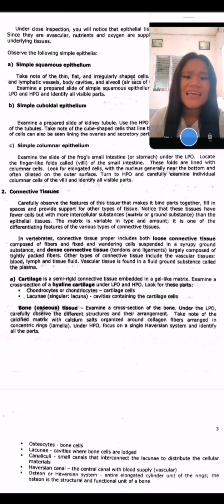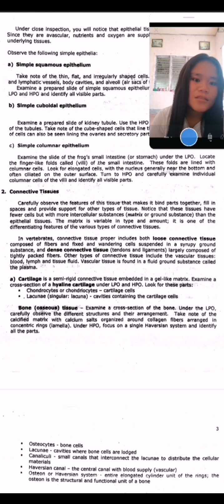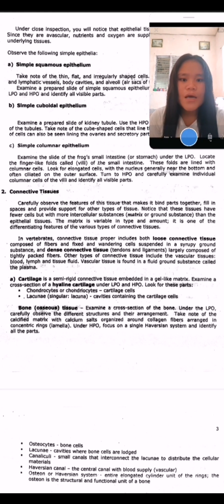In vertebrates, connective tissue proper includes both loose connective tissue, composed of fibers and fixed and wandering cells suspended in a syrupy ground substance, and dense connective tissue, such as tendons and ligaments, which are largely composed of tightly packed fibers.